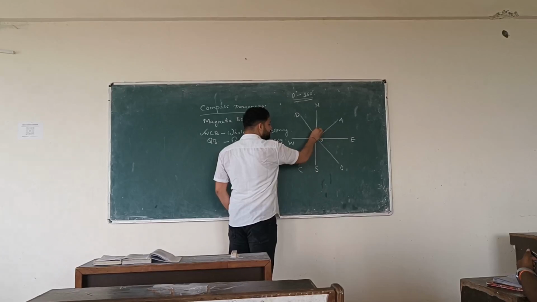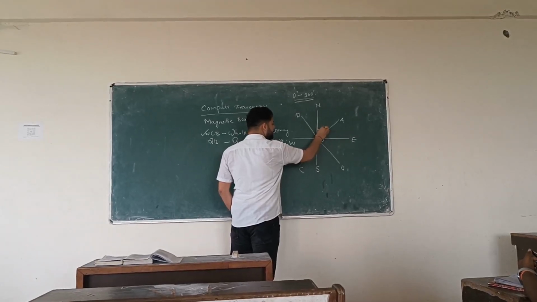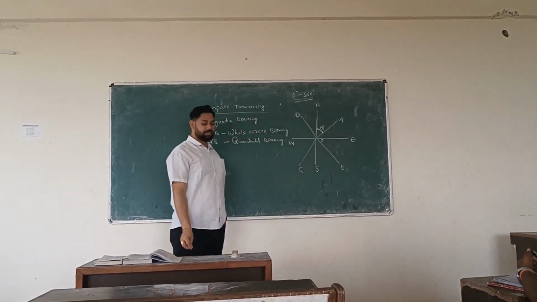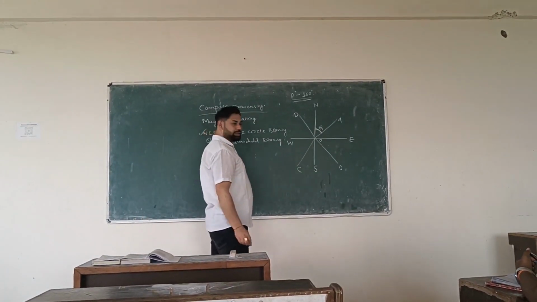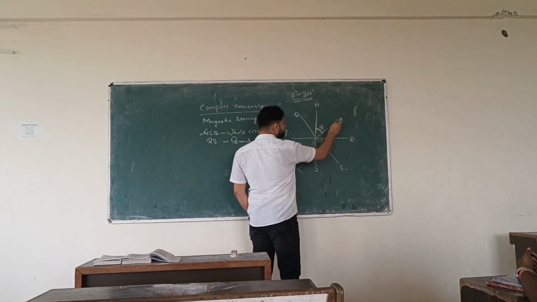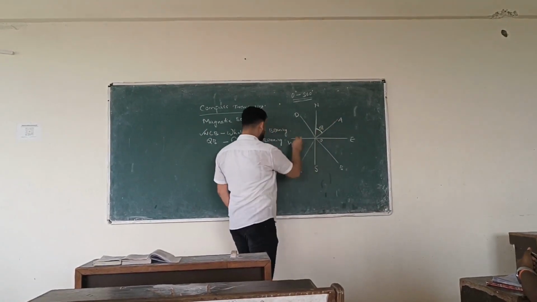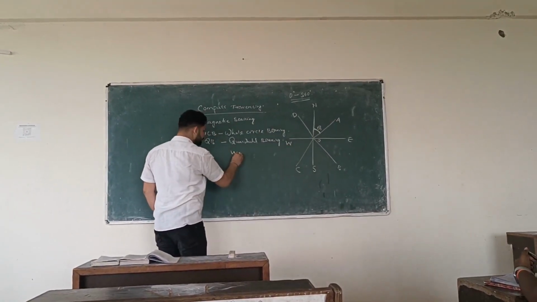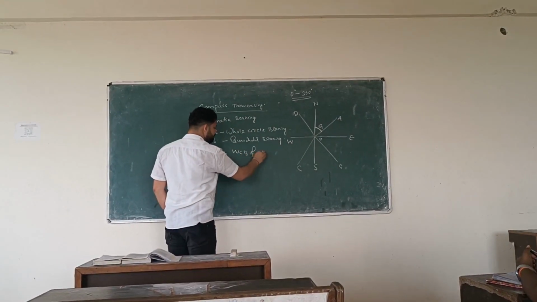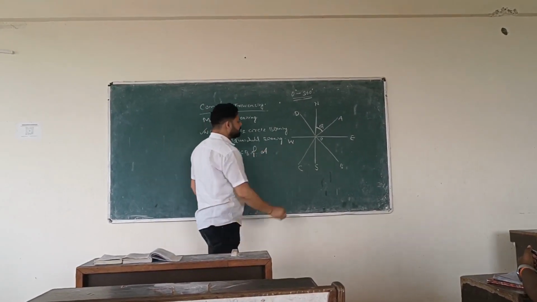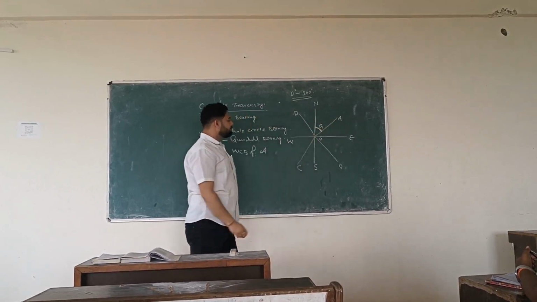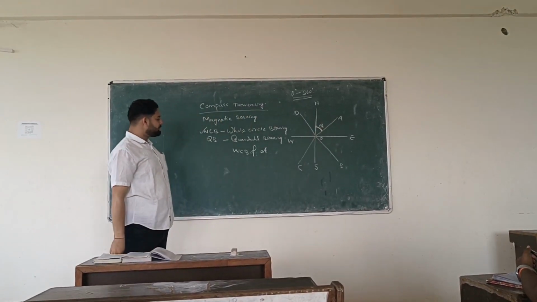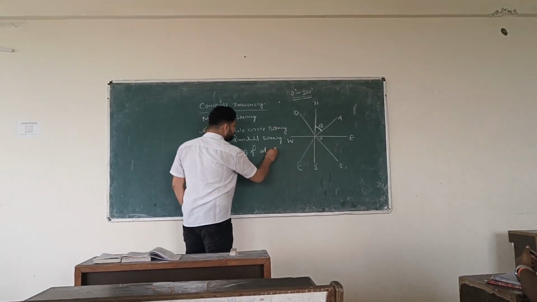This is OA, theta 1. So the WCB of OA is theta 1.